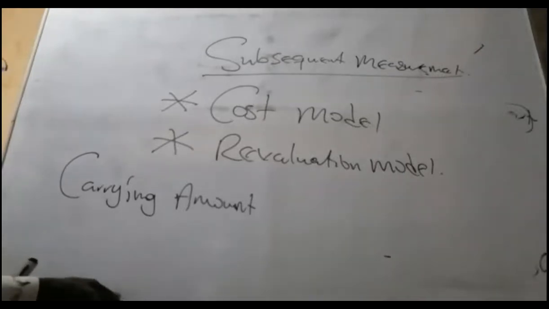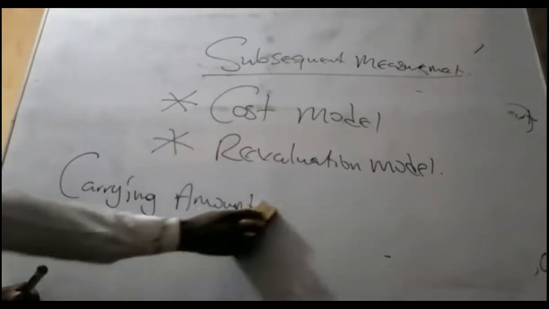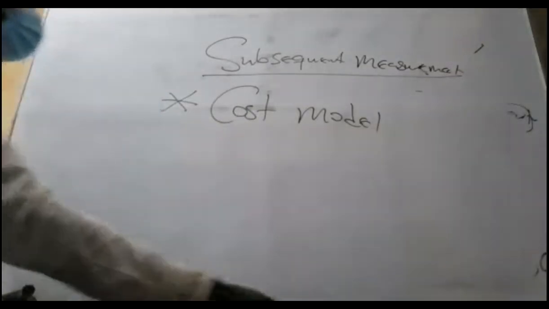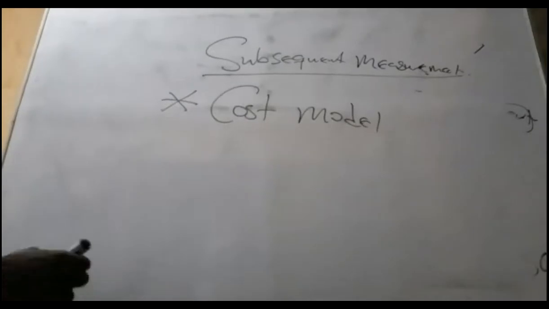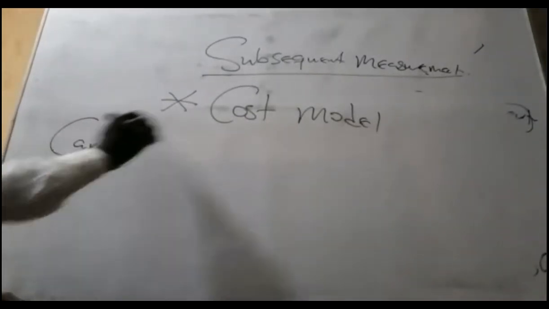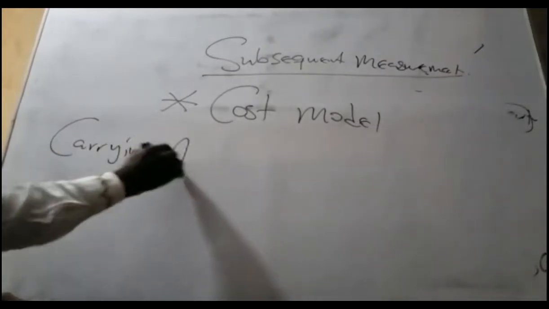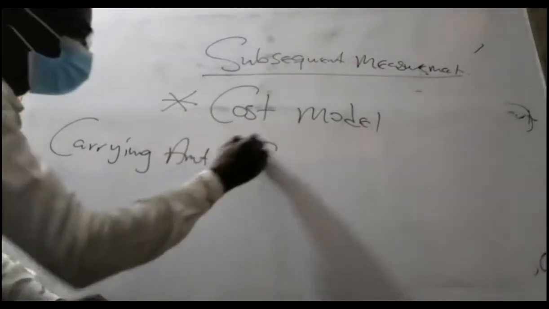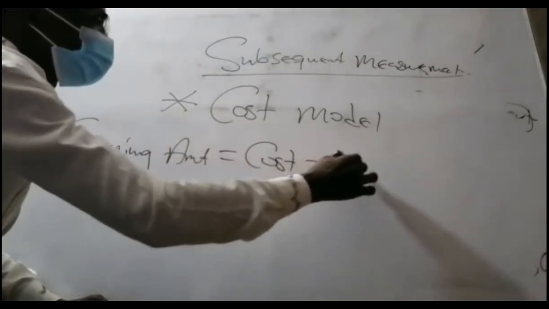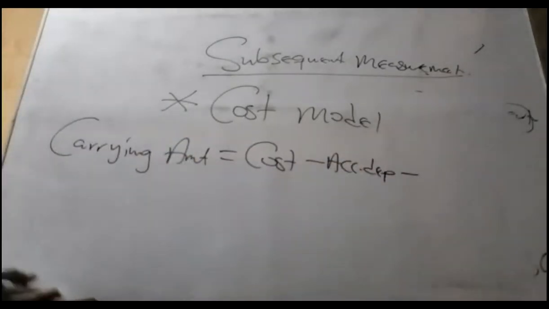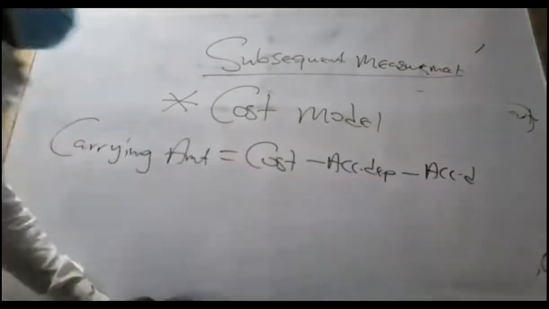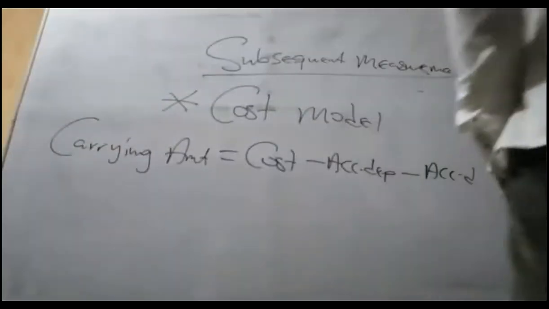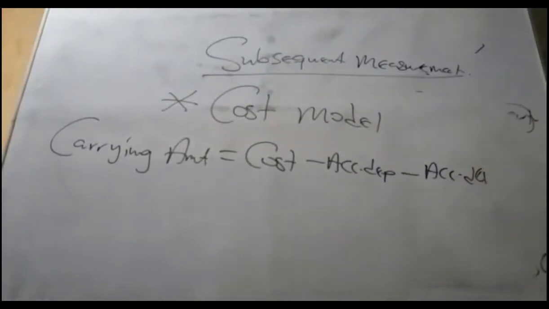Good. Now let's treat the cost model first. The cost model says that if you want to get the carrying amount, all you have to do is get the cost of the asset, less accumulated depreciation, less accumulated impairment loss.